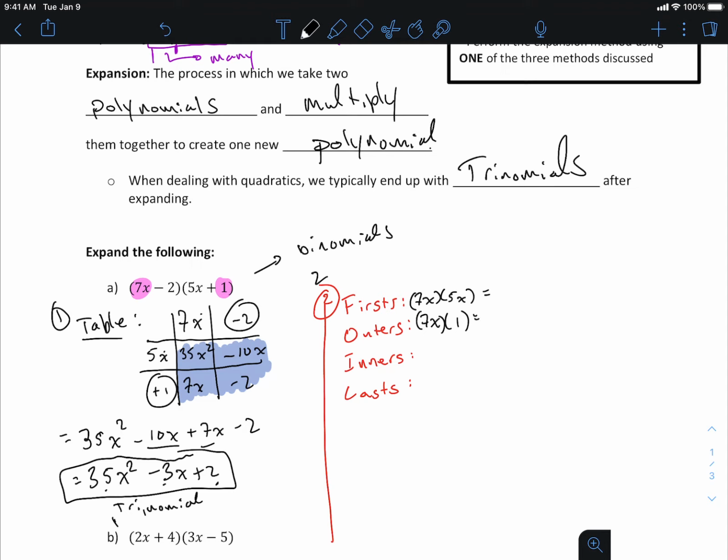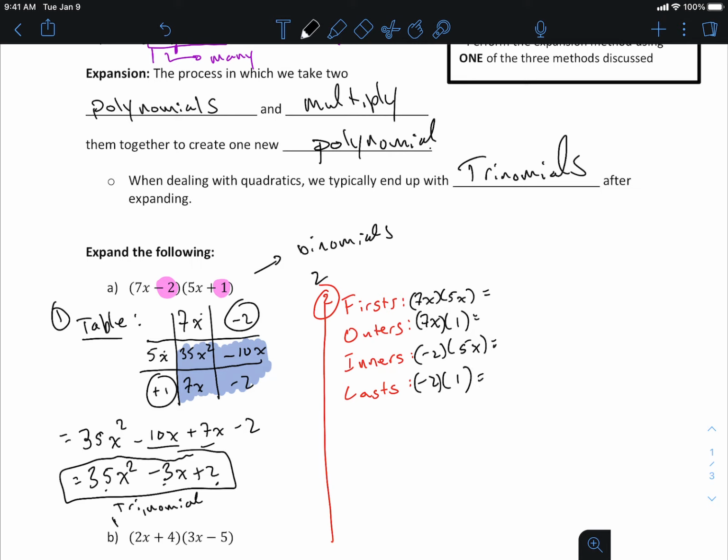And then you go, okay, well, what are the inners? The inners are going to be the insides. So that's going to be negative 2 times 5x. Okay, then you can do the math on that in a sec. Then the lasts are obviously the lasts. Okay, so negative 2 times 1.